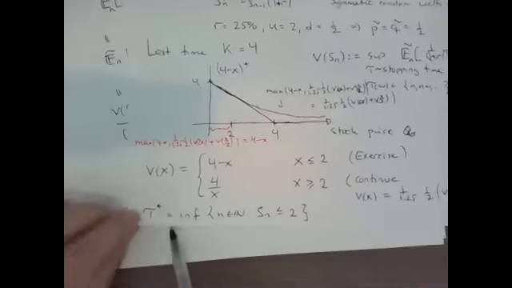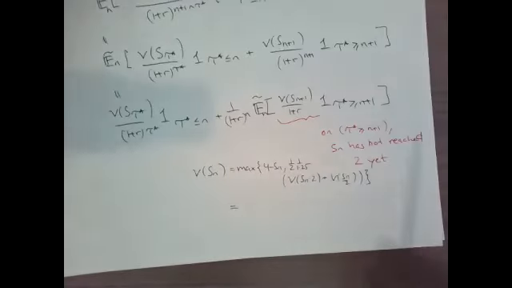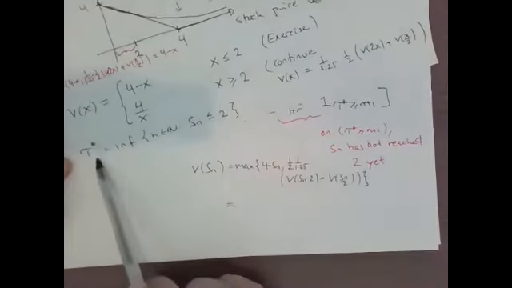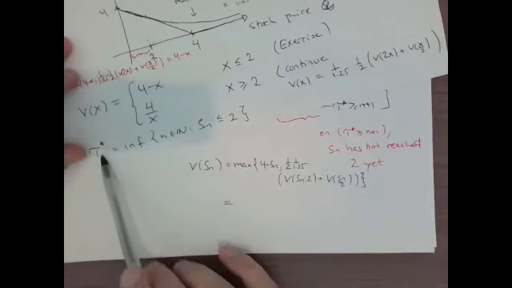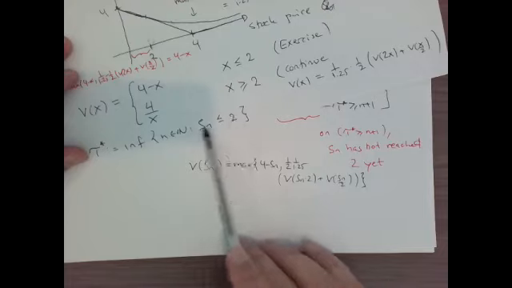Oh, wait, sorry, could you repeat the tau star? I think I got that concept. So tau star, this is the first time the stock price dips below 2.